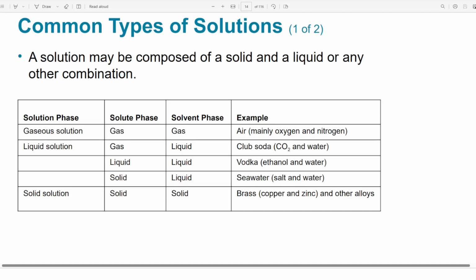We can have different liquid solutions, for example, a gaseous solute in a liquid like club soda, a liquid solute in a liquid like vodka, and a solid solute in a liquid like salt and water that exists in seawater. A solution can also be a solid like a ring. It can be a solid solute in a solid solvent, for example, brass, which is copper and zinc, or some other alloy.